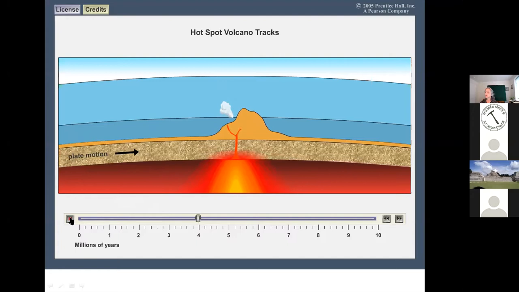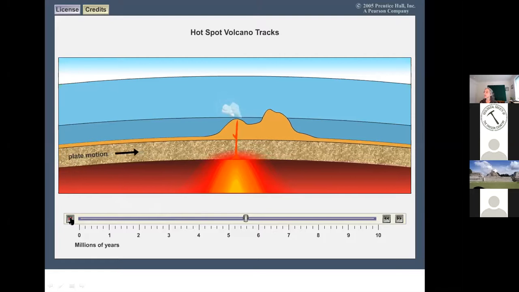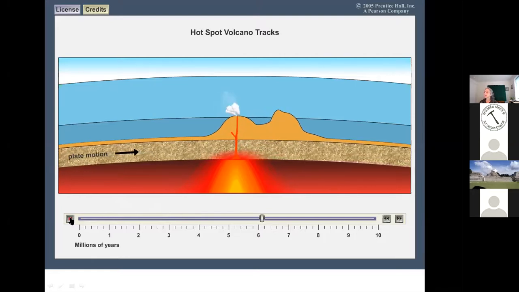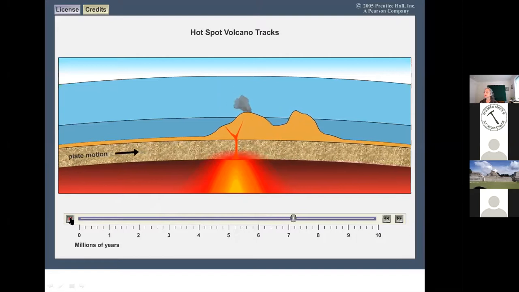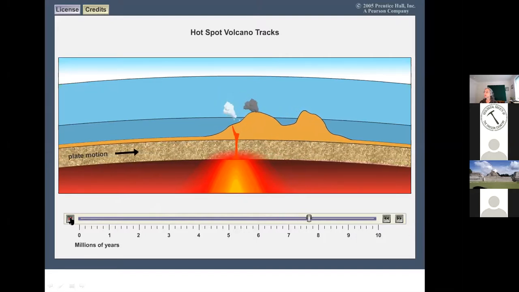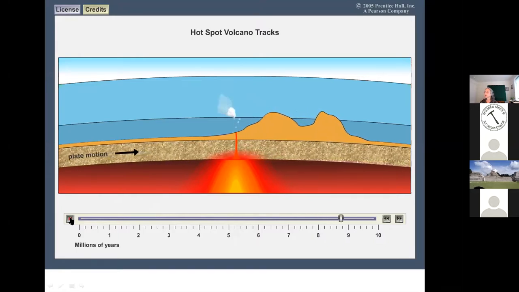And so over time, the original island, or the original volcanic structure, moves off of the hotspot, and a new one forms. And then another again, and we get another island eventually.